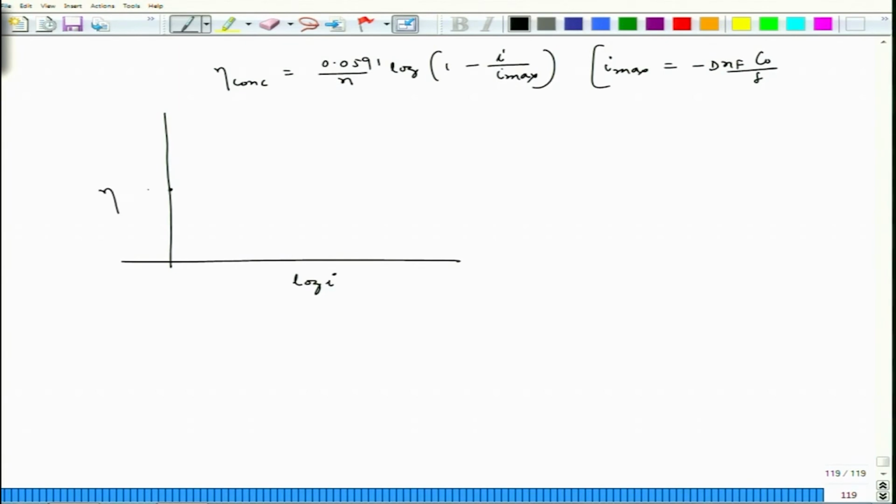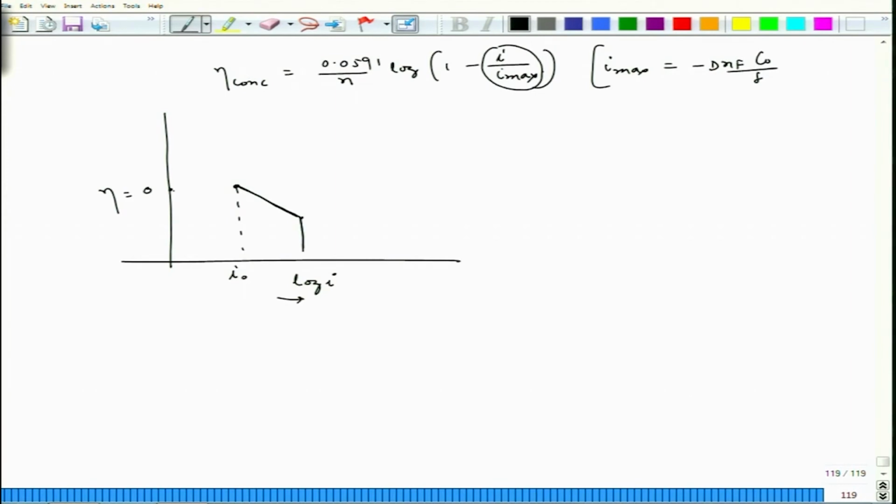Where the overvoltage is 0, this is my I0 value, first concentration polarization will start, and then once we reach I max, this becomes 1 minus 1, so eta concentration would be infinite.